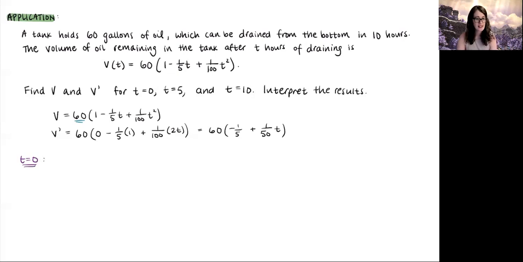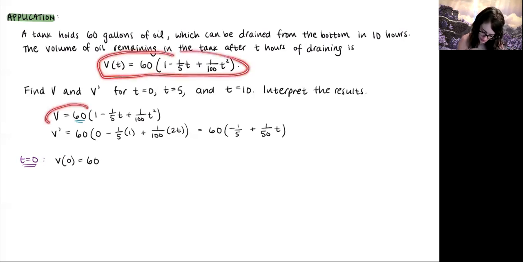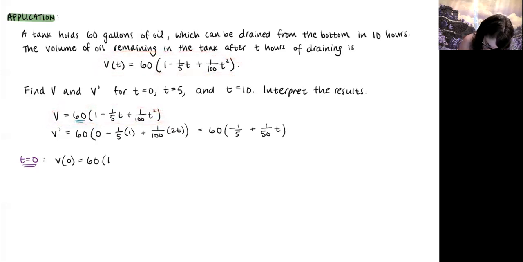We want to find what's going on with the volume when t equals 0. So we're going to plug in 0 for t in just the volume equation. We're going to have 1 minus 1/5 times 0 plus 1/100th times 0 squared.